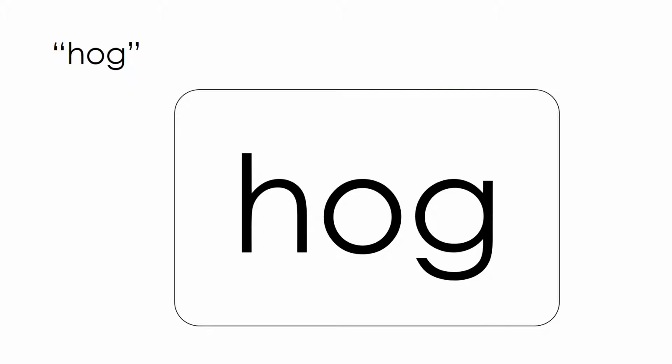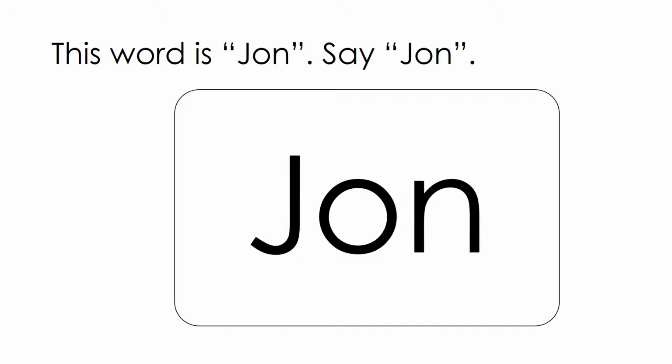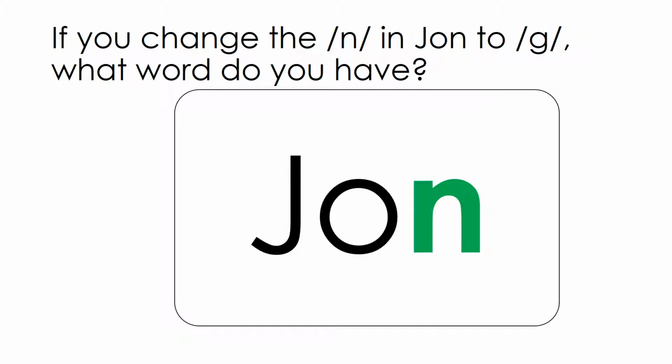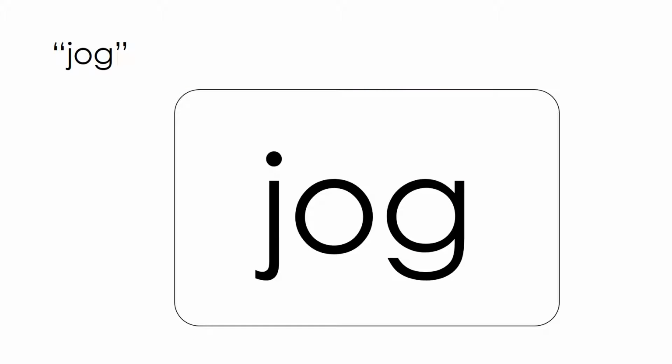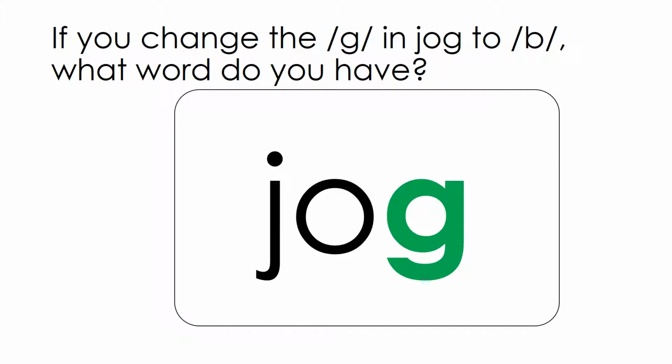This word is John. Say John. If you change the N in John to G, what word do you have? Jog. If you change the G in jog to B, what word do you have?